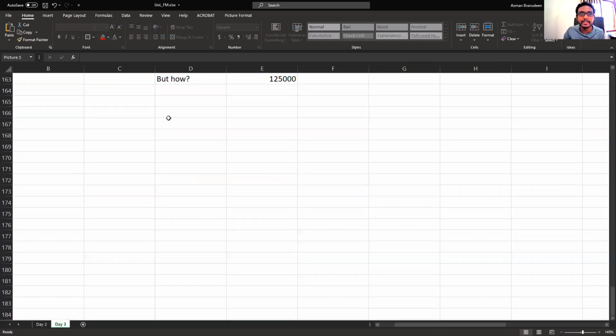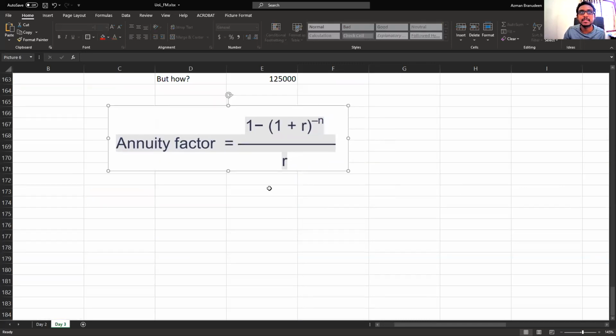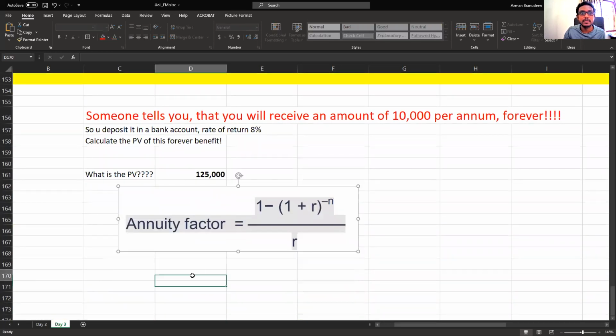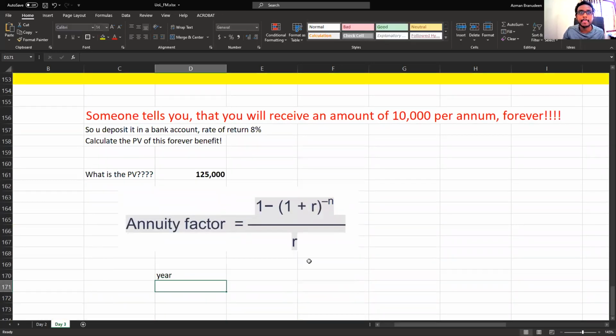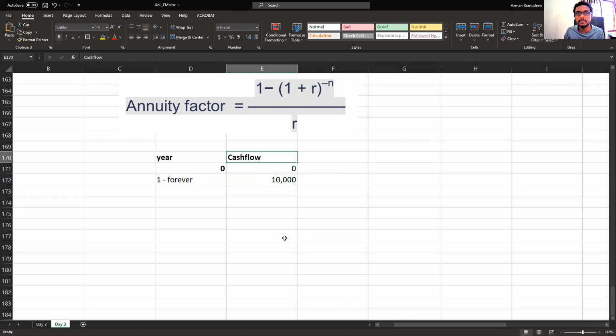So this is also an annuity, and the same logic applies. You will have the cash flow from year 1 to forever. Let me say year 0 is 0. The cash flow is 10,000 rupees every year.